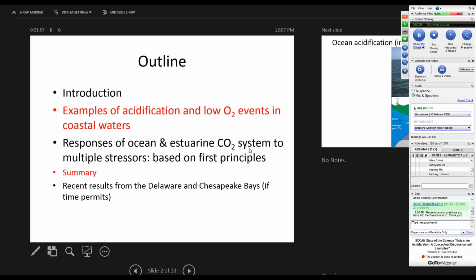I'll start with real examples, and then go into something more theoretical, trying to discuss from first principles why we would see this and that. What do we expect? How will different estuaries respond to ocean acidification and other biogeochemical processes? And I'll have a summary. If we have a few minutes left, I want to show a few slides of my recent work a little bit north of the SAB, in the Delaware and Chesapeake Bay.